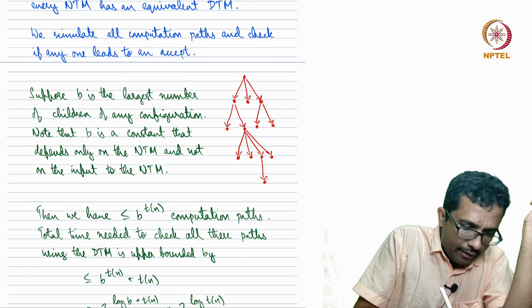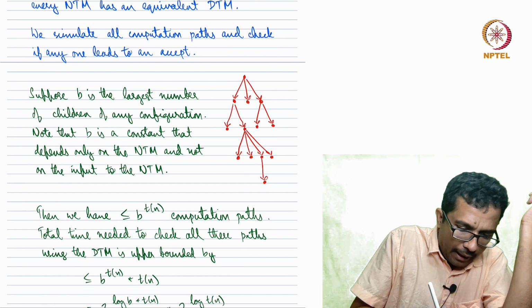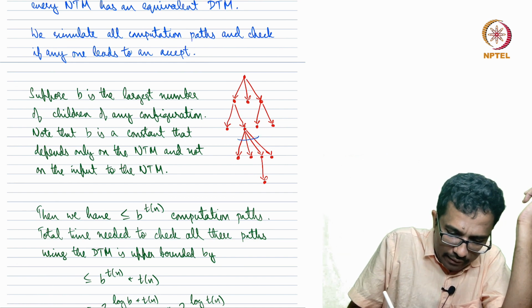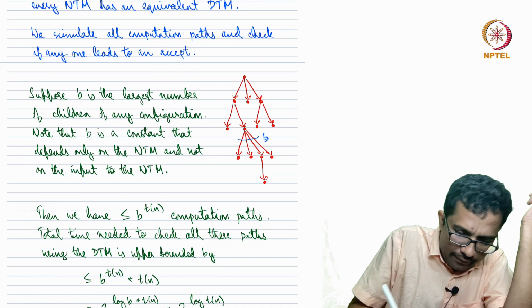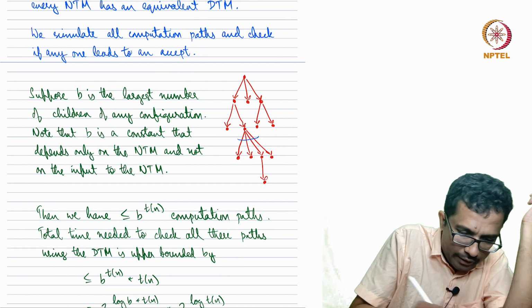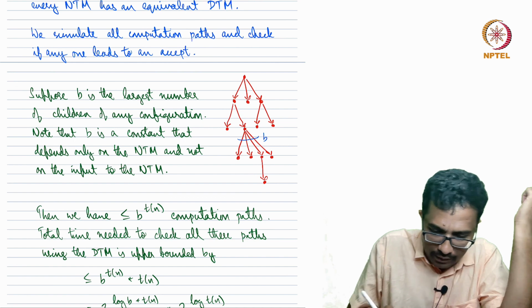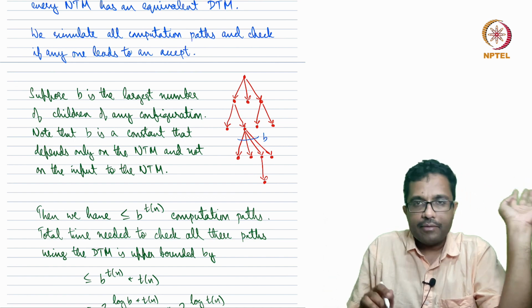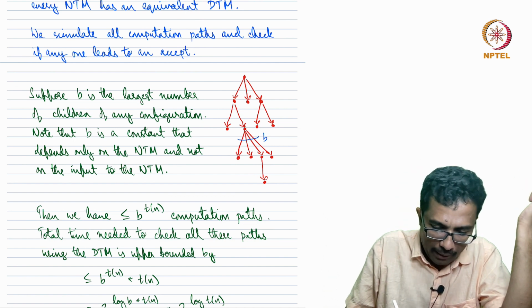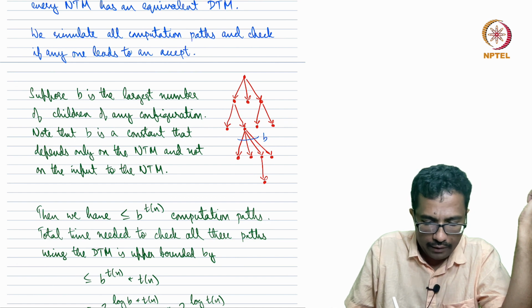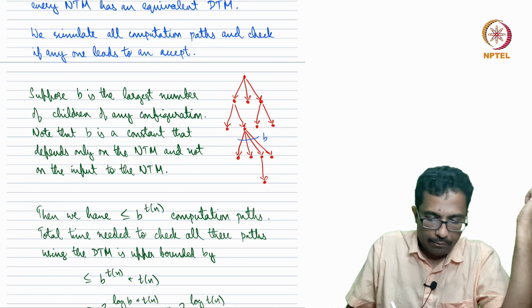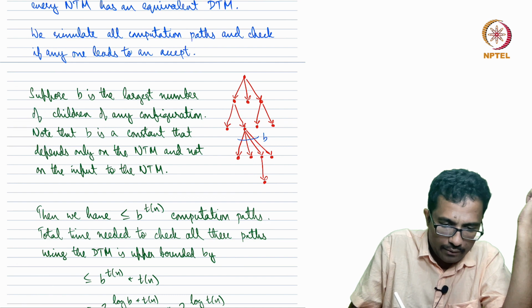Before that, let b be the maximum number of children any configuration can have in this computation tree. In this partial tree that I have drawn, the maximum number of children that any configuration has is the one marked here, a configuration with 4 children.